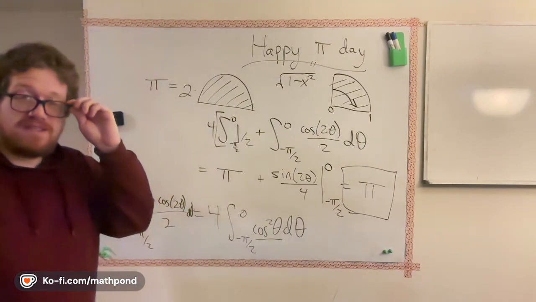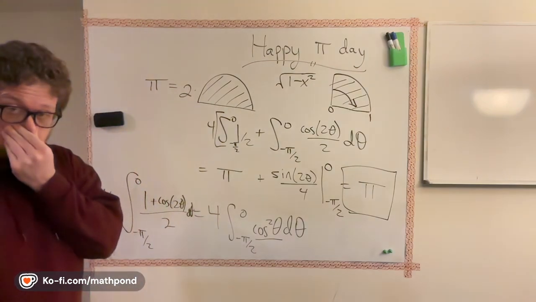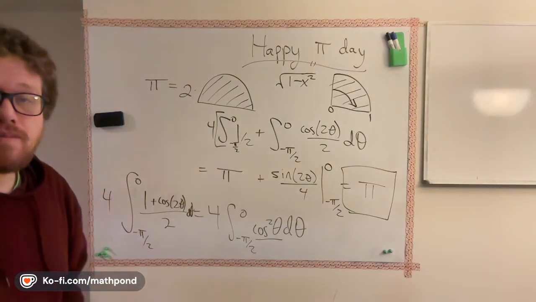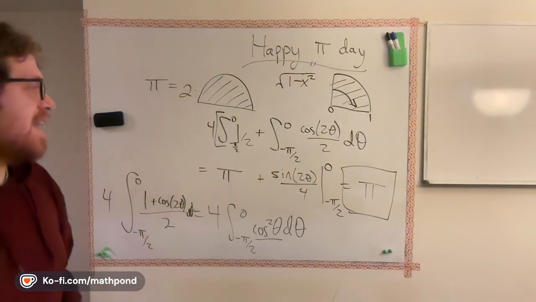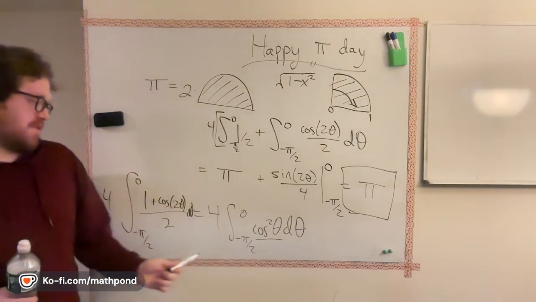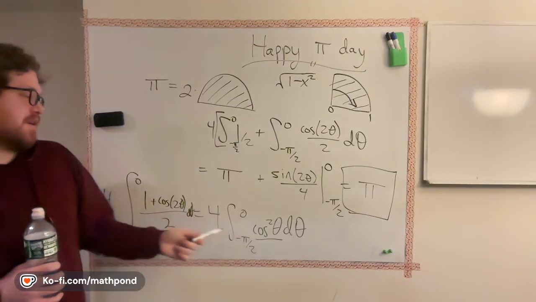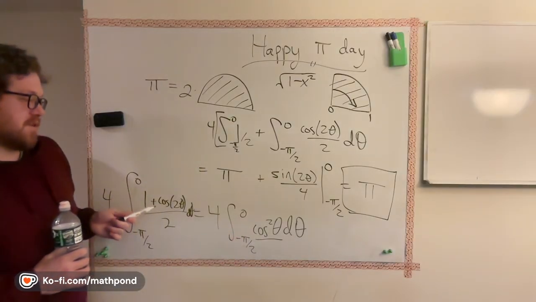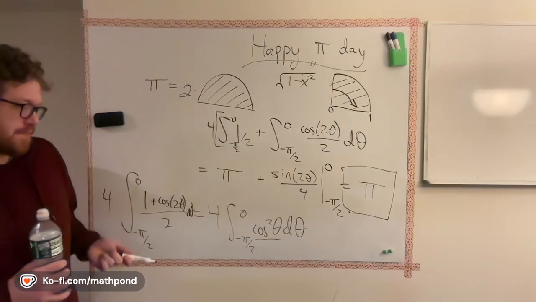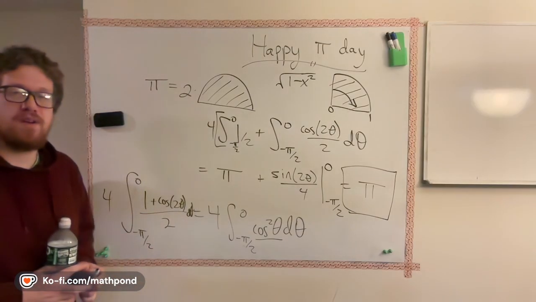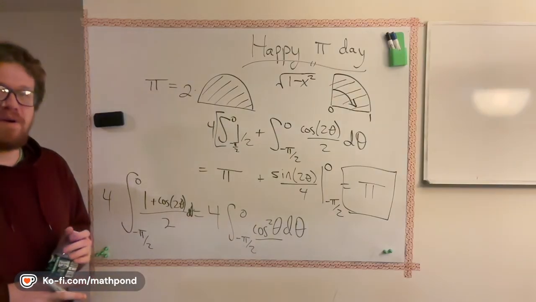Any questions? Yeah, I always forget this formula though. This one's annoying for me to remember. I don't know why. The cosine squared equal to 1 plus cosine 2 theta over 2. I don't know why it's hard for me to remember.